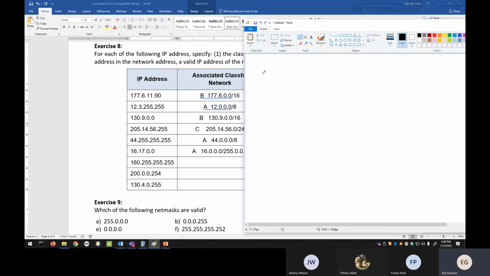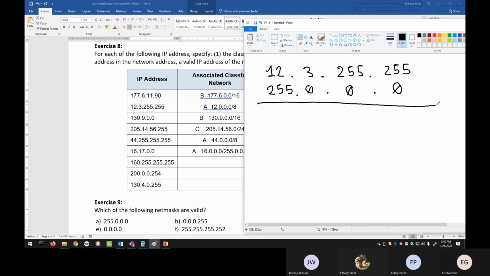So I have 12.3.255.255. What is the netmask? /8. So 255.0.0.0. When I bitwise AND a byte with 255, what is the result? The same byte. I don't change it, so it will be 12.